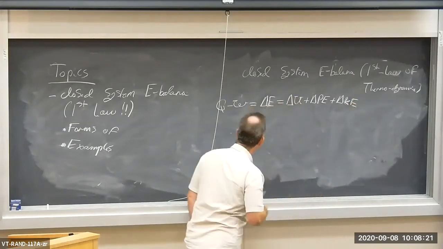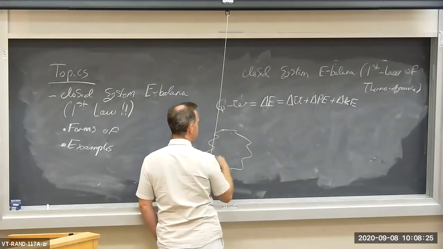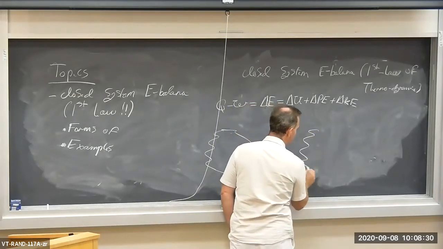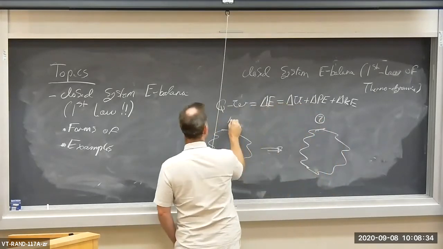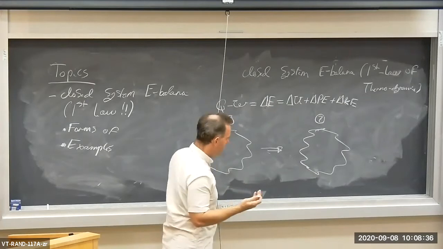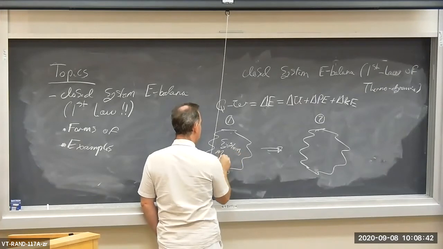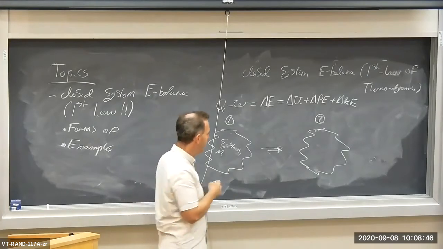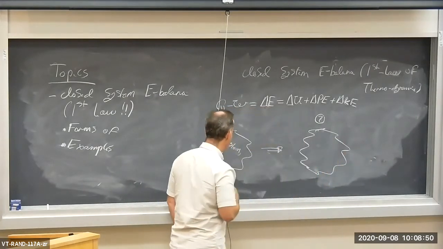Okay? Now, if we apply this to some system, so here's our system, and it goes from one state to another. So this would be state 2, and this would be state 1. So this is our system. It has a certain amount of mass. It's a closed system energy balance. You don't see any mass being pumped in or out over the process.